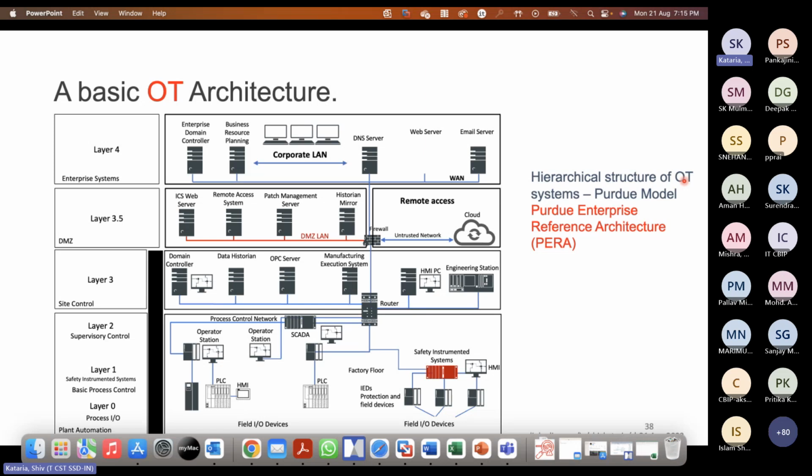That's why in this particular example as well, we have put up some of the servers in the DMZ, and one of them is the patch management server. This patch management server in the DMZ is connected to the internet through the firewall, and you will download those patches here.